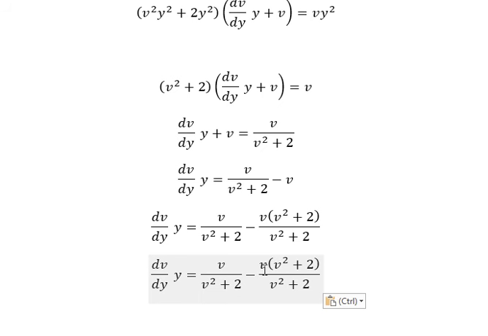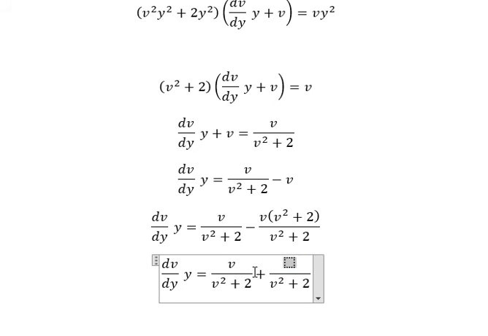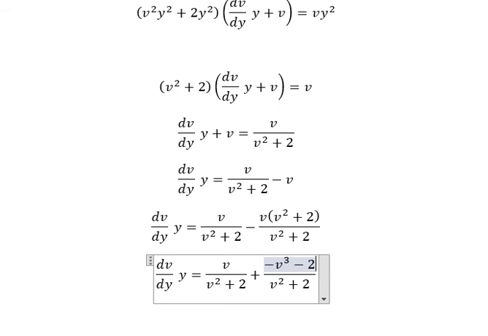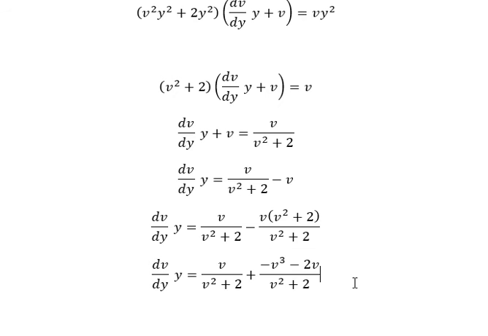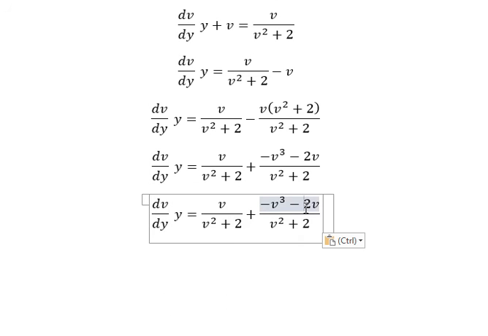So negative v multiplied by v squared and number 2. So this one you get negative 2v. v minus 2v, you get negative v.